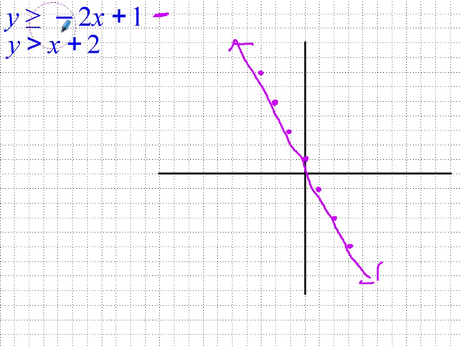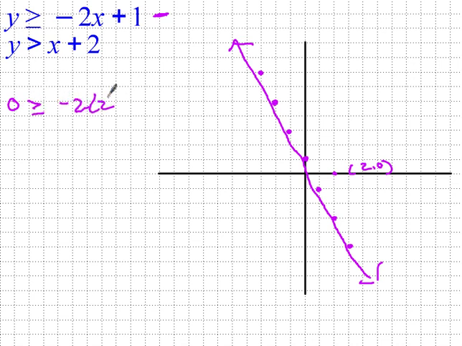Now I've got to figure out which way to shade. That's the big thing here. So y is greater than or equal to negative 2x plus 1. It's probably going to be above the line, but let me test a point just to make sure. 0, 0, I'm not really sure what side of the line it is because of my bad graph here. So I'm just going to test this point right here because that's clearly above the line, and that's the point 2, 0. I'm going to see if this point is a solution.